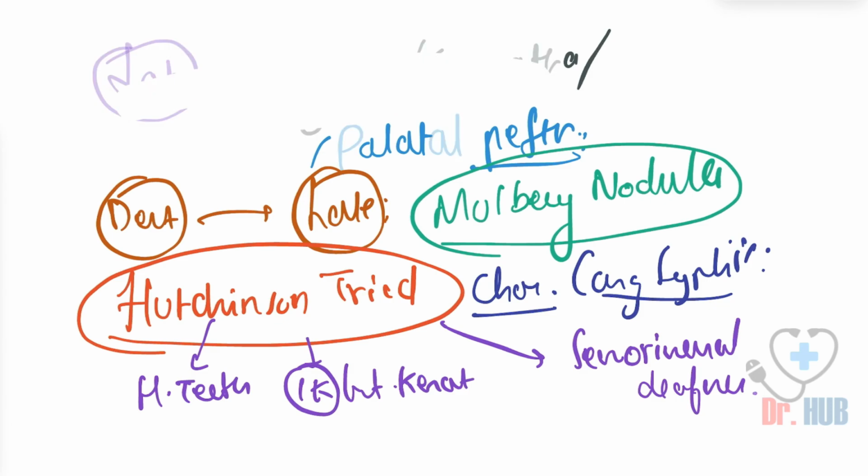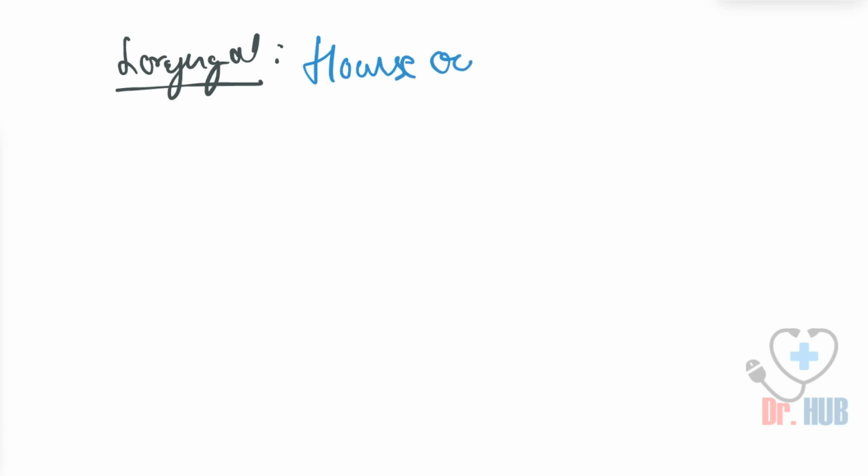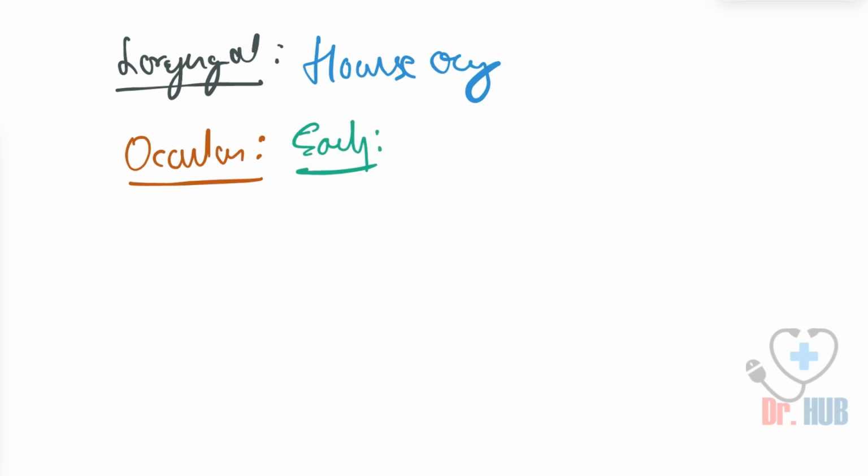Then we move on to the laryngeal. What are the laryngeal findings in case of the early? In terms of early, it is nothing but the hoarse cry. Then we move on to the ocular. What are the ocular findings in terms of early? The early ocular findings include chorioretinitis.